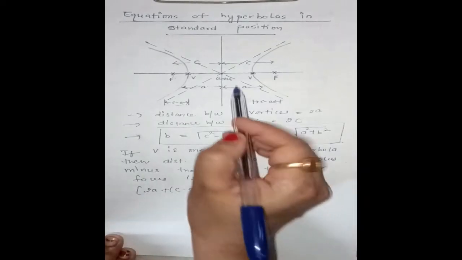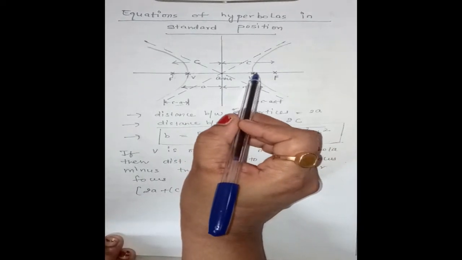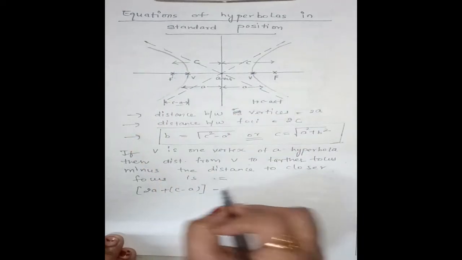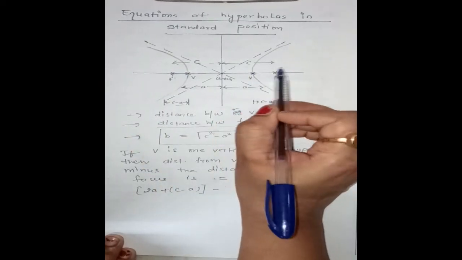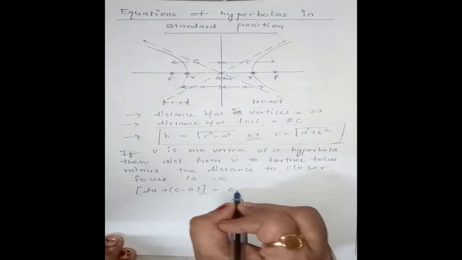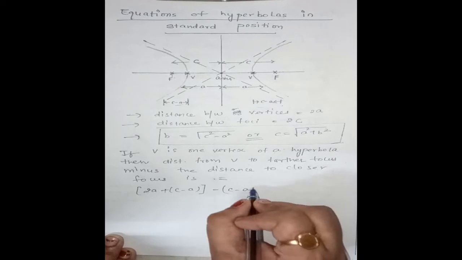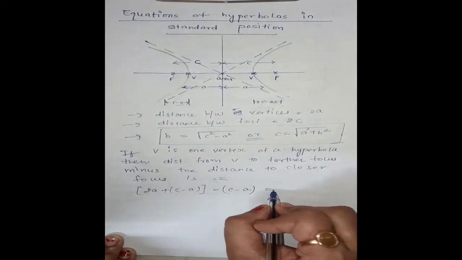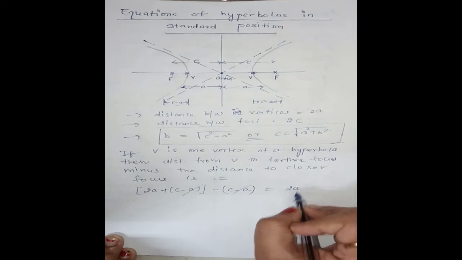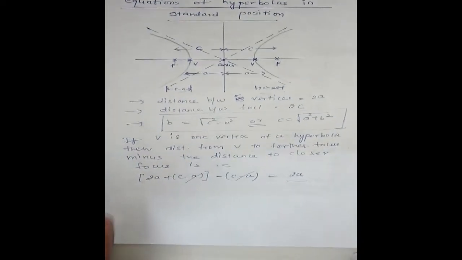Okay, this is the distance of v from this f minus the distance of v from this f. This will be c minus a also. Now this will get cancelled out, and it is equal to 2a. Okay.